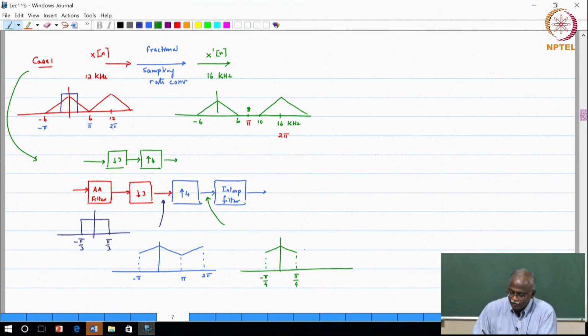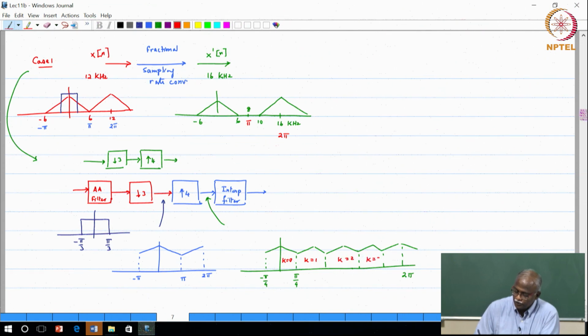Then I will get 3 copies, that is k equal to 1, k equal to 2, k equal to 3, and then you get the 2 pi. So, just draw these lines. This corresponds to k equal to 0, k equal to 1, k equal to 2, k equal to 3.